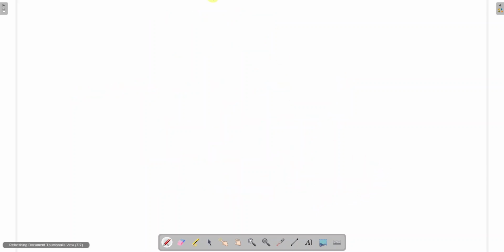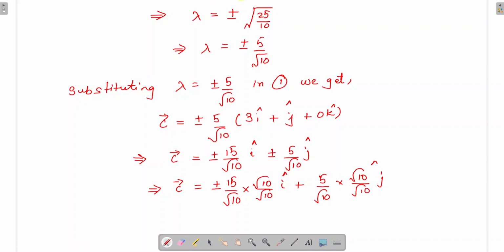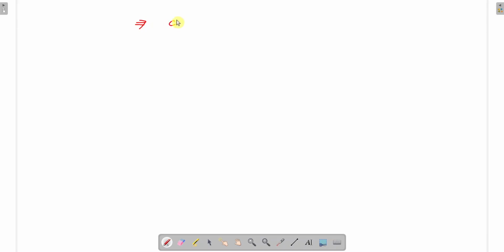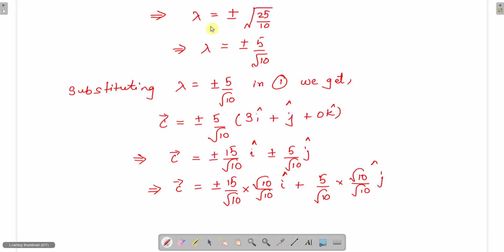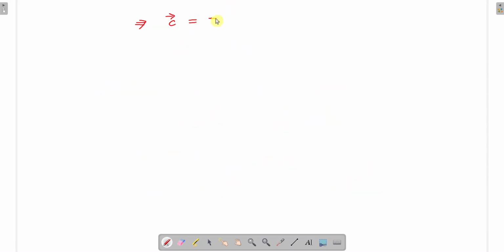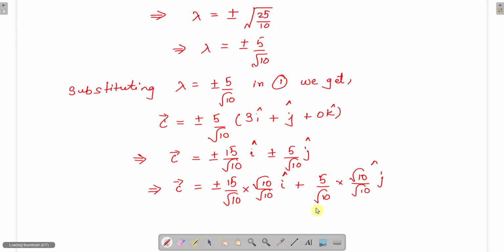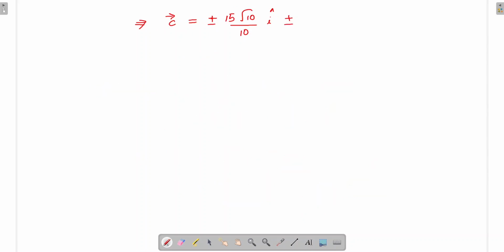So this implies c bar is equal to plus or minus 15 root 10 divided by root 10 times root 10, which is 10, i cap plus or minus 5 root 10 by 10 j cap.